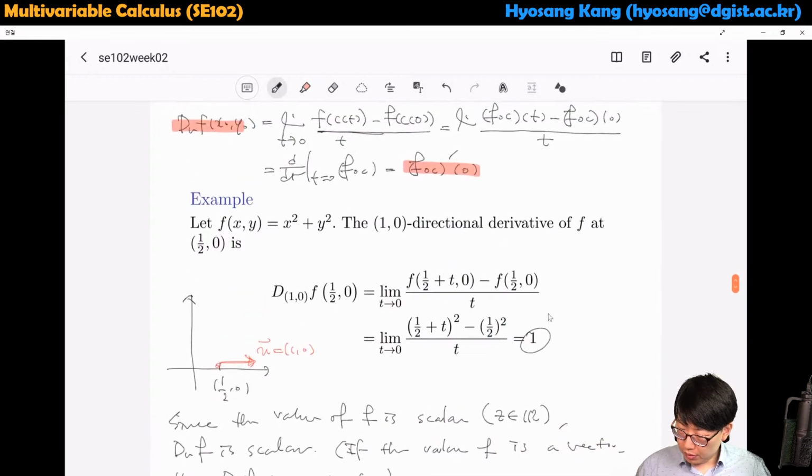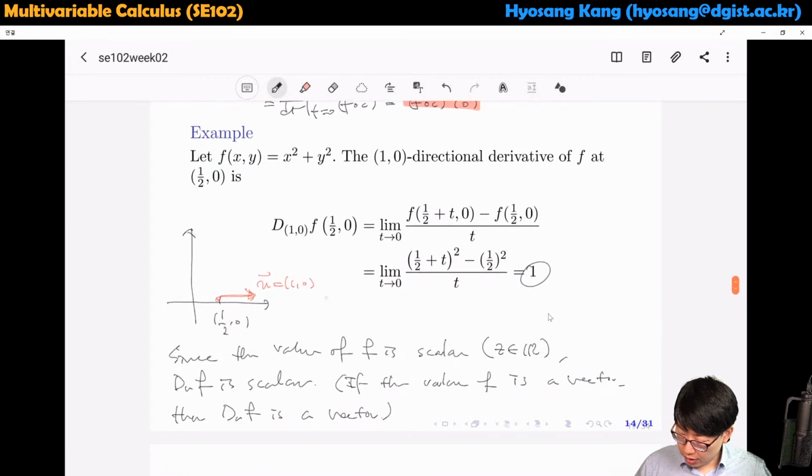If you want to use the second definition, let's try to compose these two functions. c(t) is nothing but a parameterization line written this way. In other words, c(t) is (1/2 + t, 0).